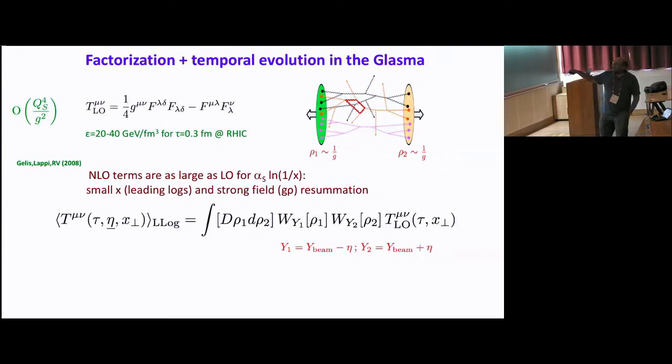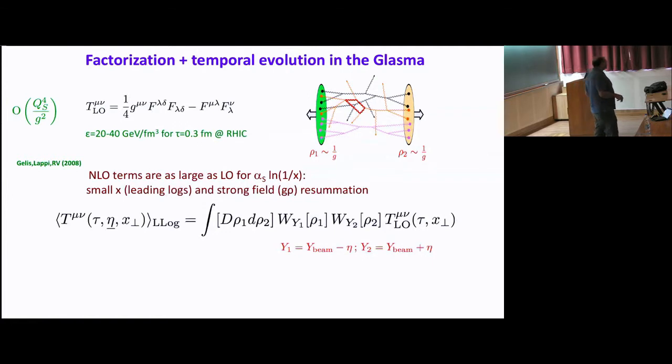That, it turns out, has this kind of factorization, where I can evolve all the quantum fluctuations in each of the nuclei in terms of these weight functionals. Remember yesterday I showed them to you, they were these Gaussians in rho. But they have this evolution now with JIMWLK, and similarly for the other nucleus, times the leading order energy density.